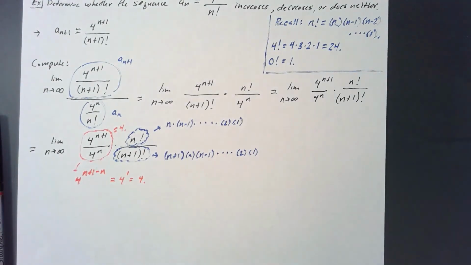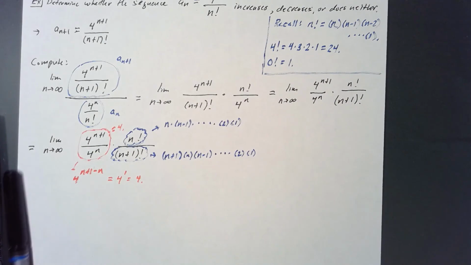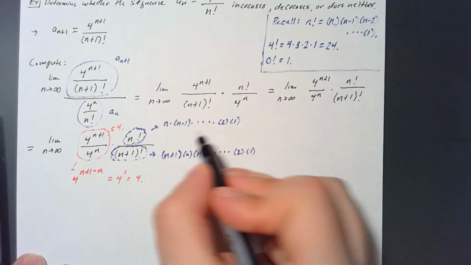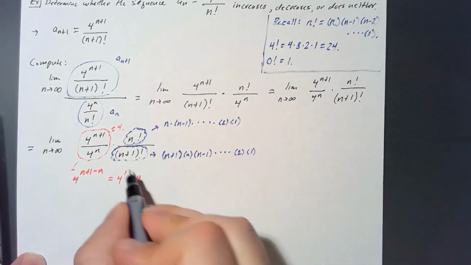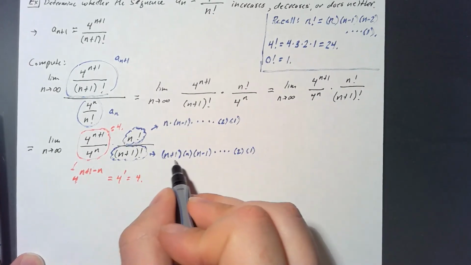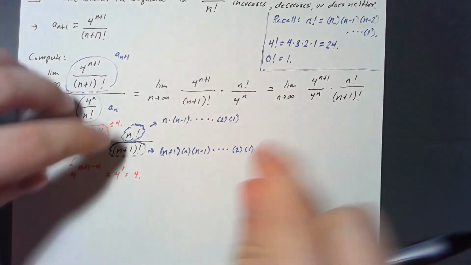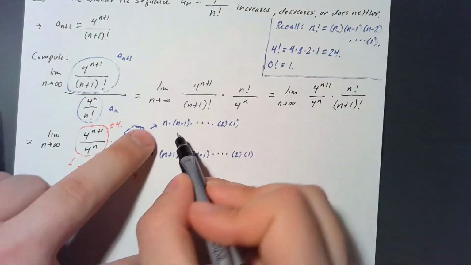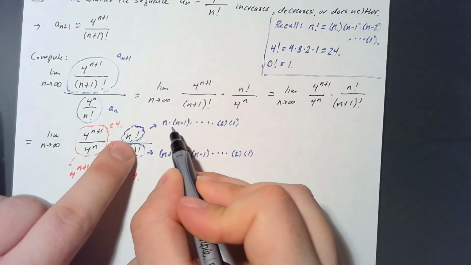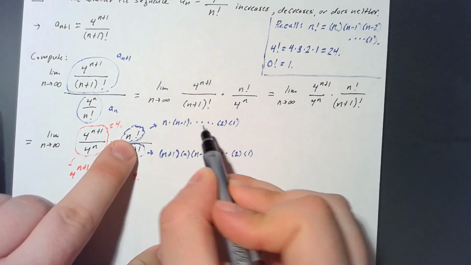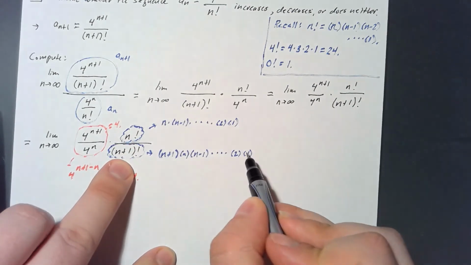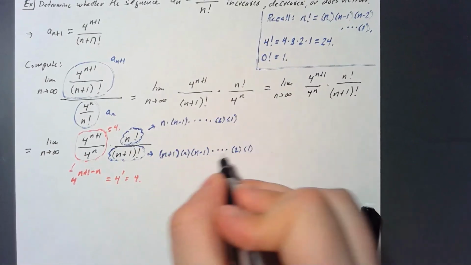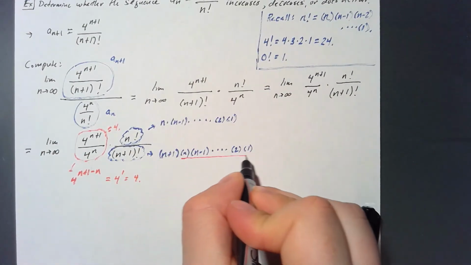Now I want you to see something here. This is where the magic happens. The numerator listed out term by term is all of this. The denominator listed out term by term is all of this. What do they have in common? All of these terms are right here.